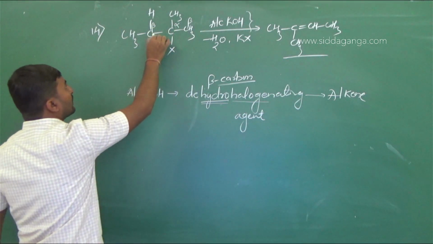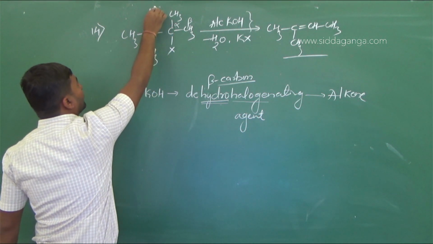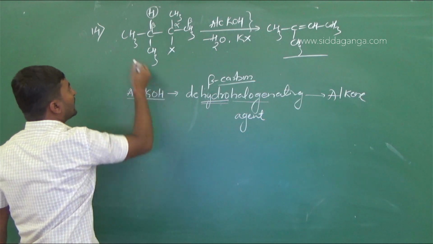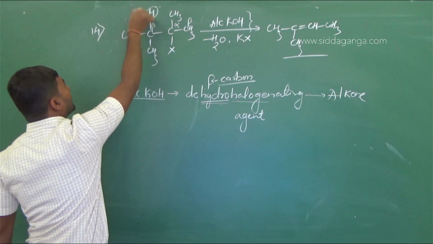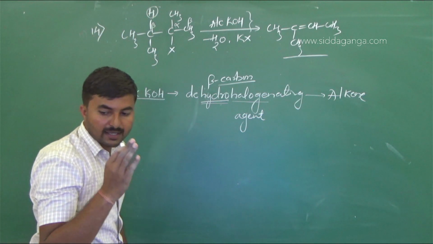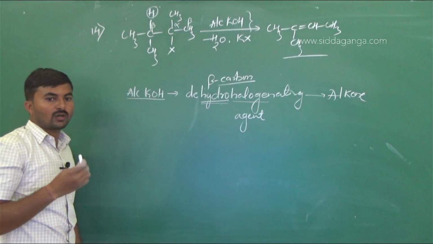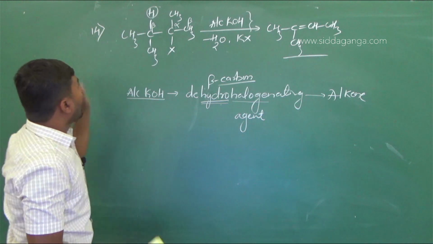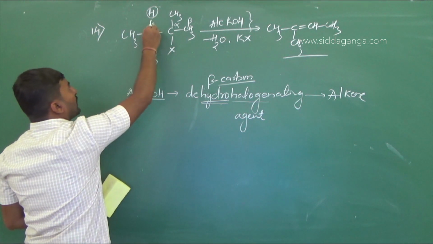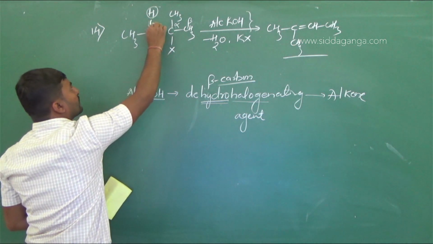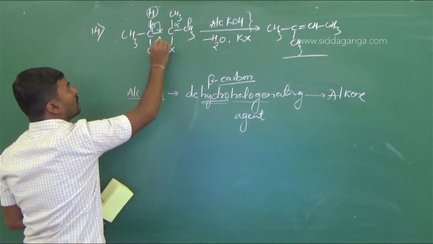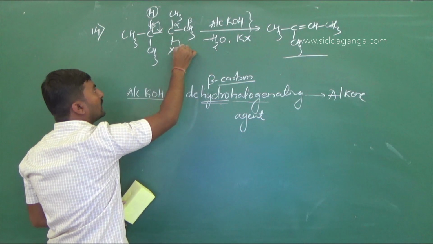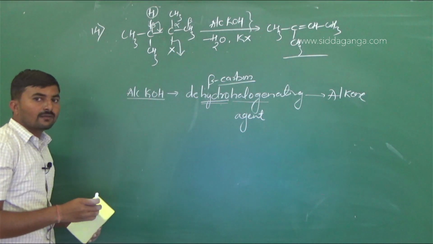Here the hydrogen atom will get released, as alcoholic KOH, being very basic in nature, abstracts this proton. Hydrogen is not capable of carrying this bond, so it gives this bond to this carbon atom. Now the valency of carbon becomes 5. That is why halogen, being a very good leaving group, leaves the carbon atom.